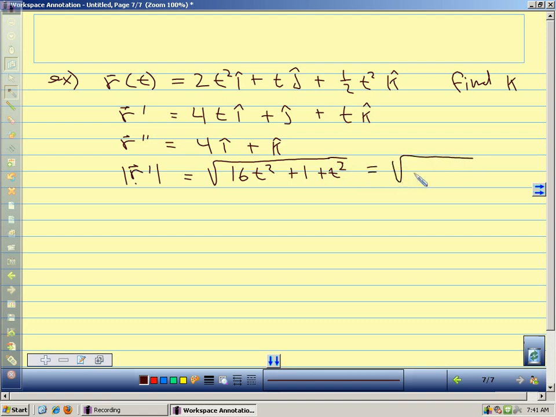So I get the square root of 17t squared plus 1. And the magnitude of r prime cubed is 17t squared plus 1 to the 3/2.